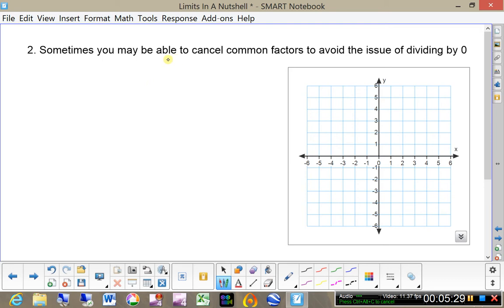Sometimes you may be able to cancel common factors to avoid the issue of dividing by 0. In other words, common factors in the denominator or the numerator.